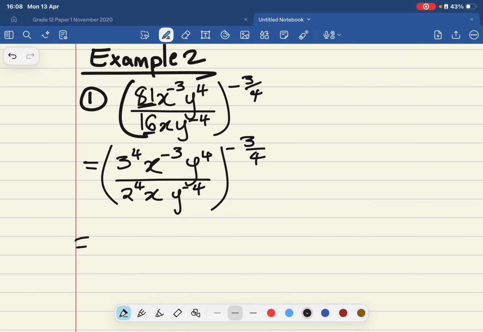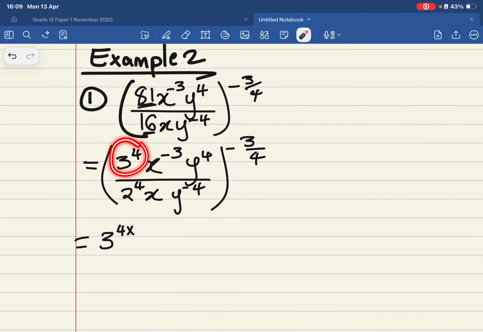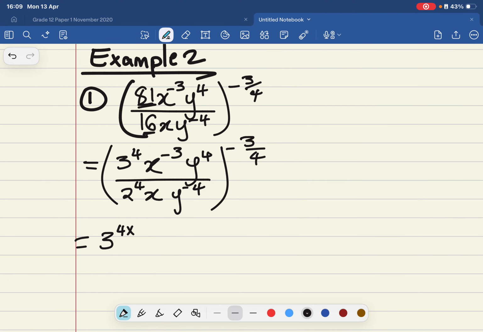So what are we going to do? We're going to say 3 to the power of 4 multiplied, because this is a power raised to a power. I keep my base, I multiply the exponents. So it's going to be 3 to the power of 4 multiplied by negative 3 over 4.